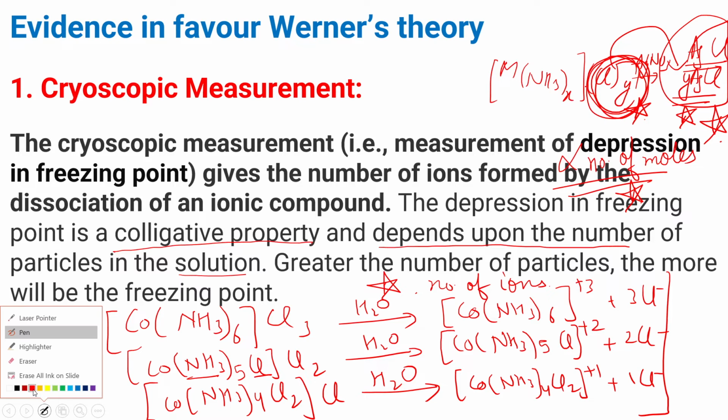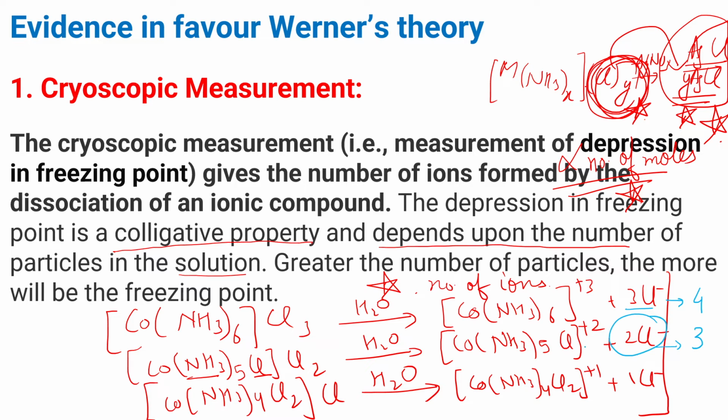Now count the number of ions over here. Three chloride ions and 1 complex ion: total number of ions is 4. Here, 2 plus 1, that is 3. Here, 1 plus 1, that is 2. The numbers of ions are different: 4, 3, 2.